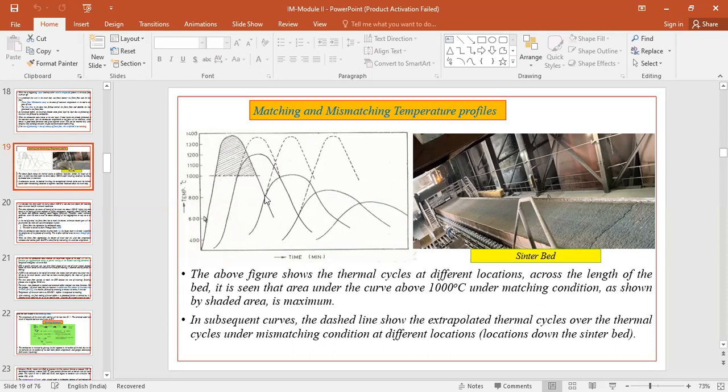It means only the first layer is perfectly sintering, the second layer is okay to a certain extent, but from the third layer onwards there is no proper sintering taking place because the layer is not attaining the maximum temperature. It is because of the mismatching of heat front and flame front.